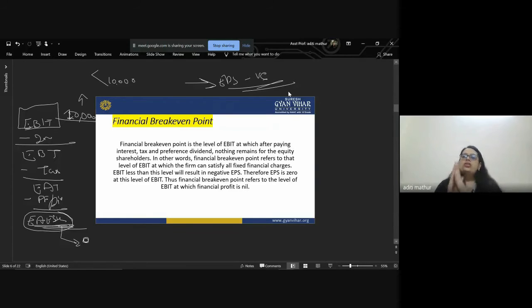So it will be a situation which is very bad for your organization. And that is why every organization, every finance manager should know the financial break-even point. So it is very easy to understand. Financial break-even point is that level of EBIT when there is nothing left for your equity shareholder.